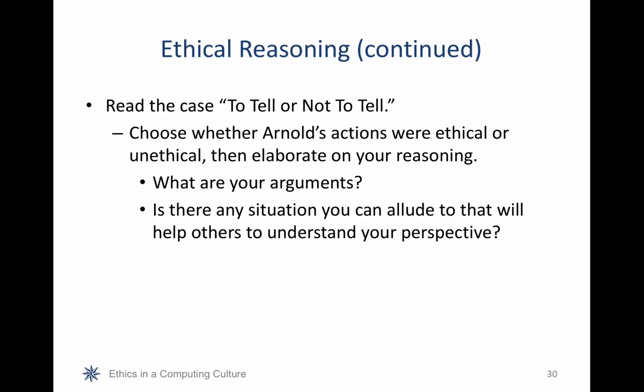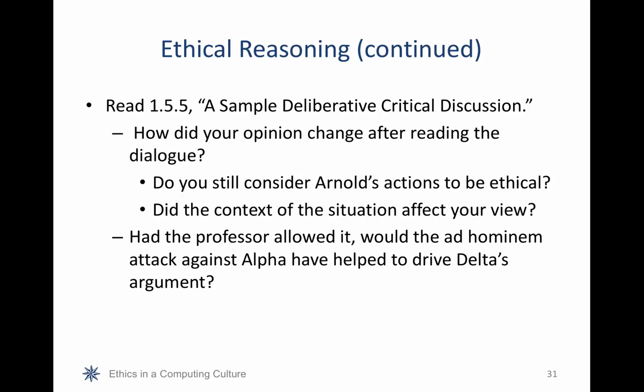To get a better understanding of the kinds of reasoning and arguments that are expected of you, you should do two things. Read the case To Tell or Not to Tell in Chapter 1. Formulate your own arguments as to why Arnold's actions were or were not ethical. Think carefully about how you explain your reasons to others. After you have read To Tell or Not to Tell and have thought about your own arguments, read the sample deliberative critical discussion.